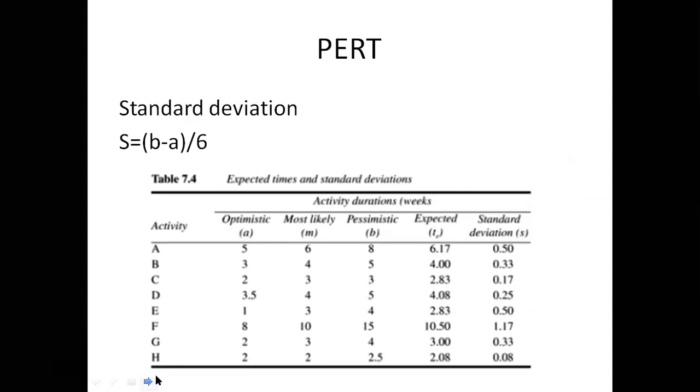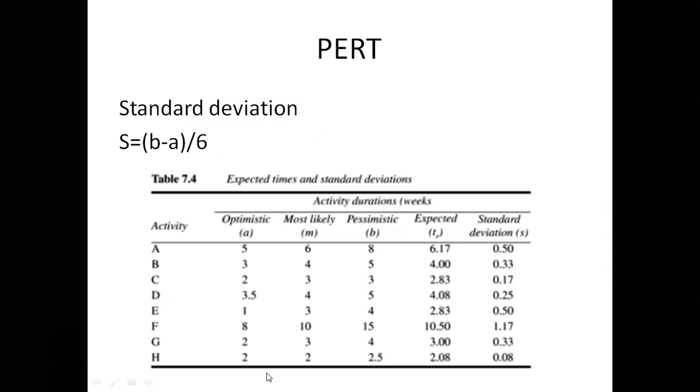What is standard deviation? Standard deviation is a quantitative measure of the degree of uncertainty of an activity's duration. Estimates may be obtained by calculating the standard deviation of an activity time using the formula.